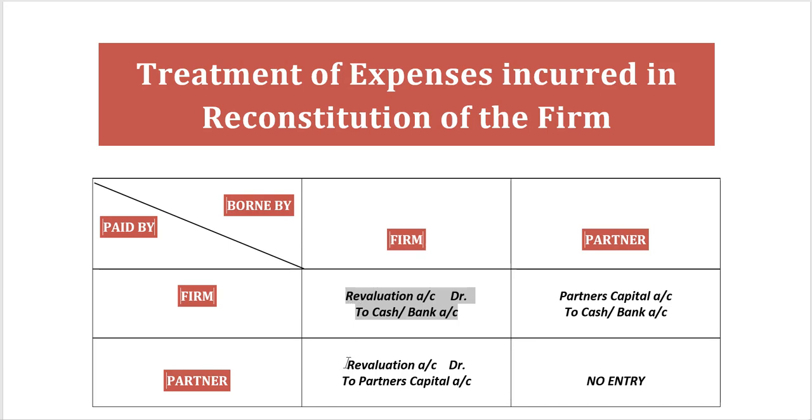On the other hand, where the expense is to be borne by the firm but a partner pays that expense, then the journal entry is revaluation account debit to partner's capital account.